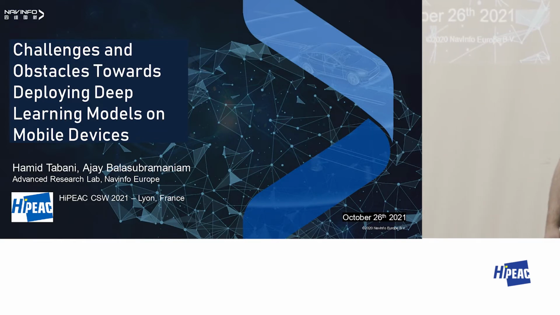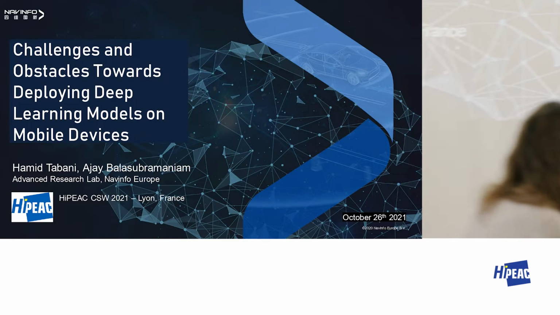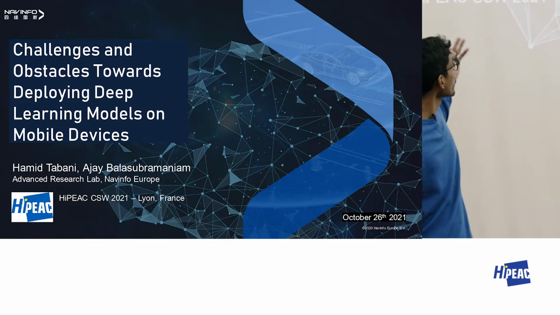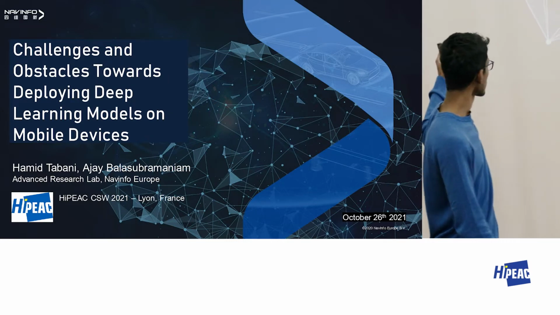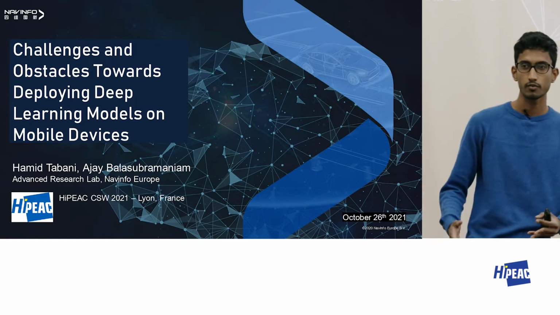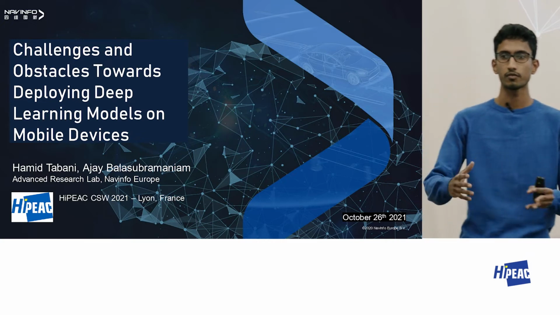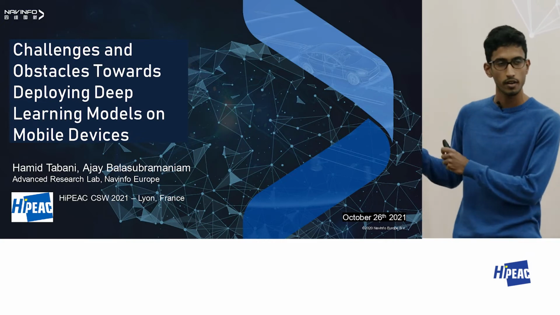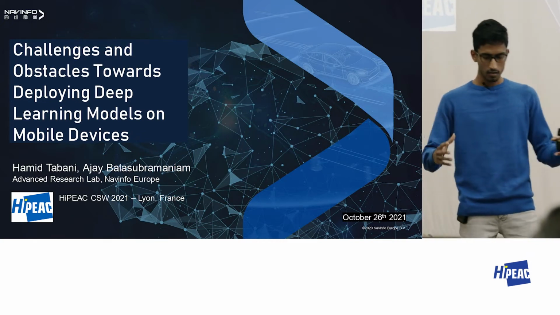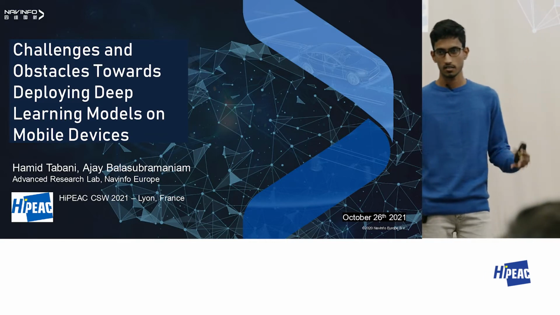Just a little bit before we jump into the context. The big picture, why we came onto this, is what is Navinfo doing by itself. Navinfo is an autonomous driving, a computer vision for autonomous driving company. That's what we do in Europe. But in general, as a whole, Navinfo makes maps.